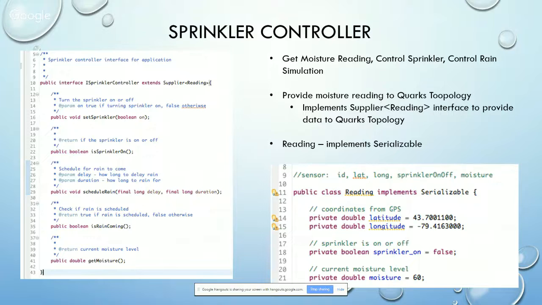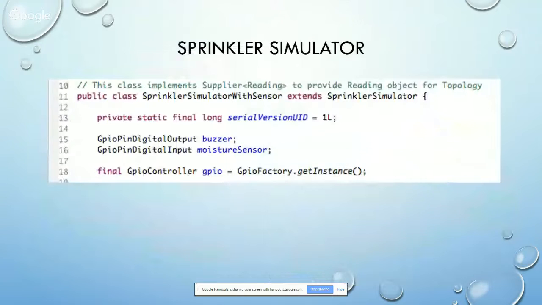So I've created a custom reading class, and the reading class will provide information about the current location of your sprinkler, which is the GPS location, which I've hard-coded here, whether the sprinkler is on or off, and the current moisture level. For us to be able to use it in the Quarks topology, your custom class has to be a serializable object, so I have implemented serializable in the class so that I can pass it into the Quarks topology. So that's all there is to the sprinkler controller interface.